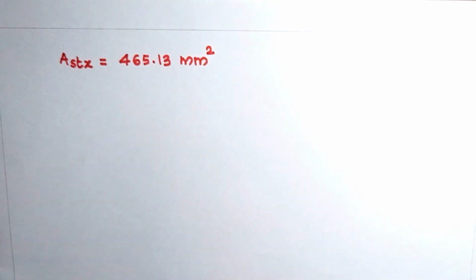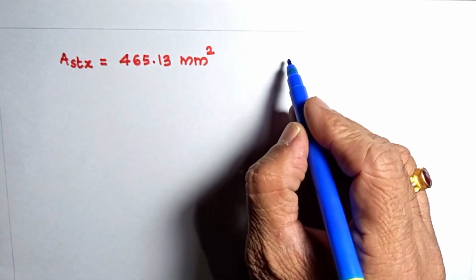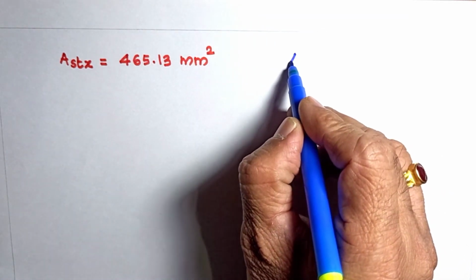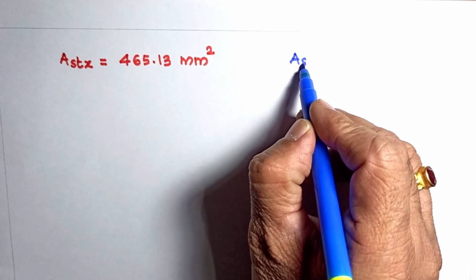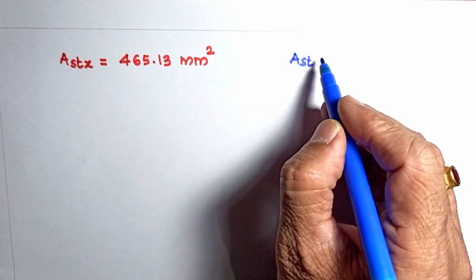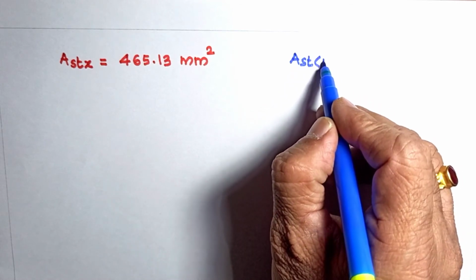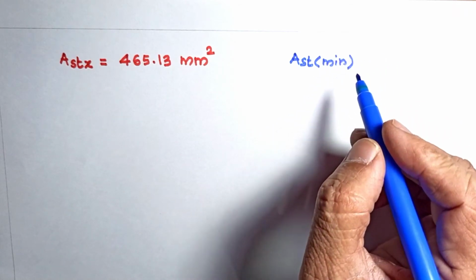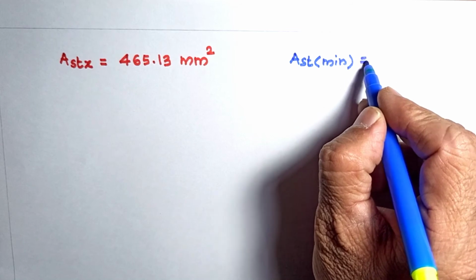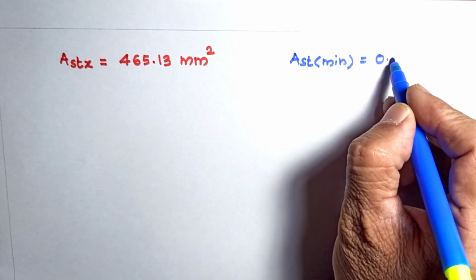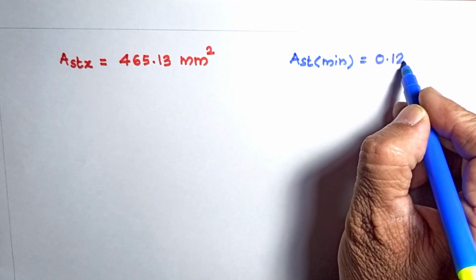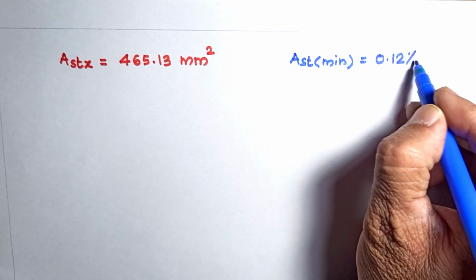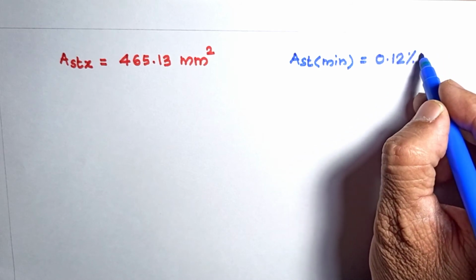Now again, let us check it for minimum area of steel, Ast minimum is equal to 0.12% of bD because we have used HYSD bars.